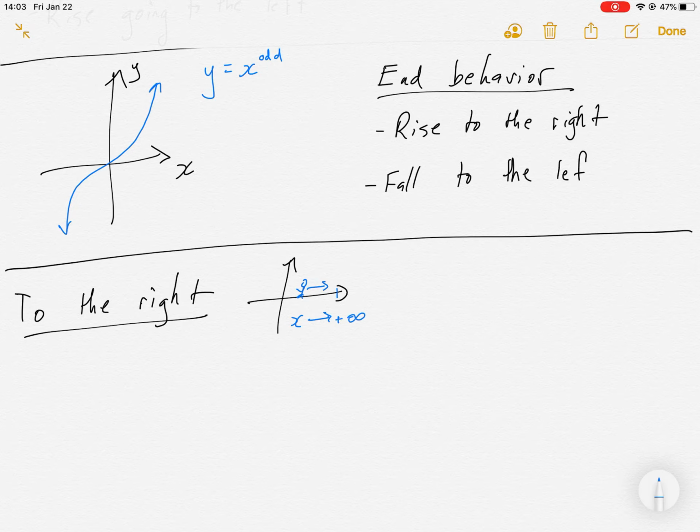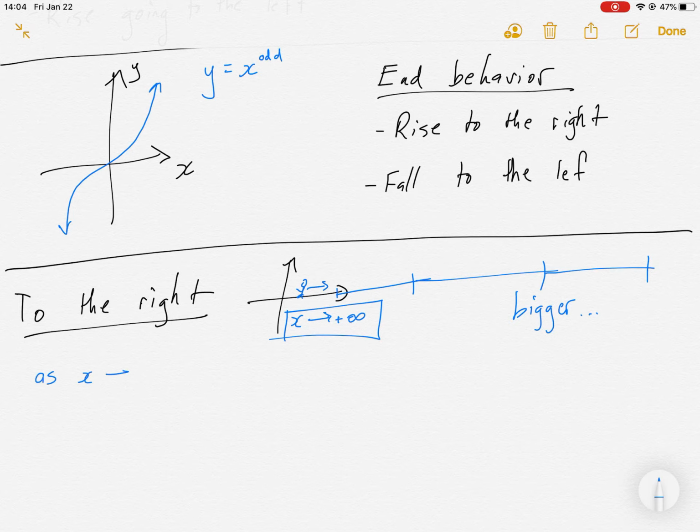If you keep going, x is going to get bigger and bigger and bigger. For example, x goes to 1,000,000, then 1,000,000,000, et cetera. It gets really, really big. So whenever we're going to the right, we say as x goes to positive infinity.